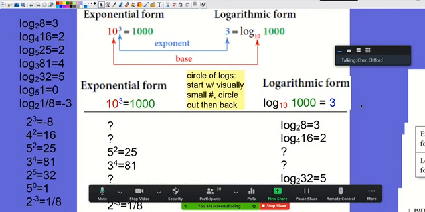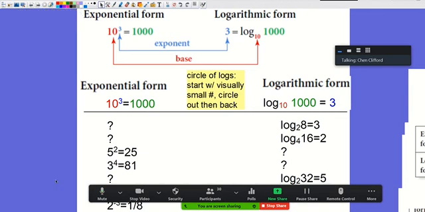So the way I want you to think about logs is that it's related to exponents. It's just exponents backwards. This is the analogy I like to use.